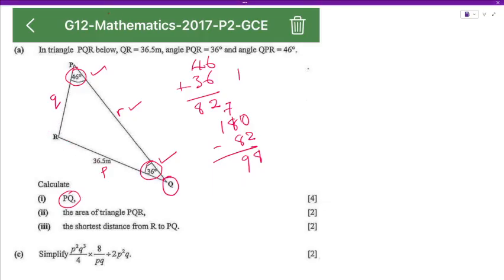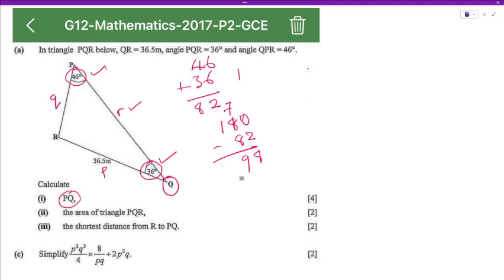Let me use this one here for that one. So here we have 98 degrees. Let me try to drag it up here.